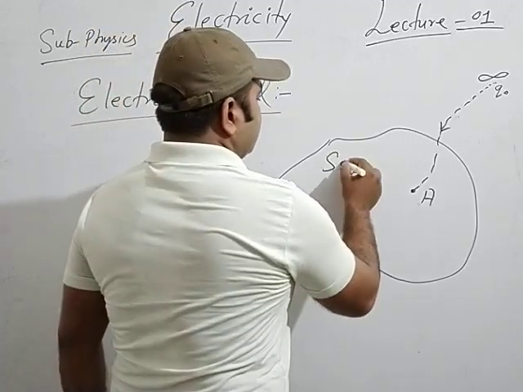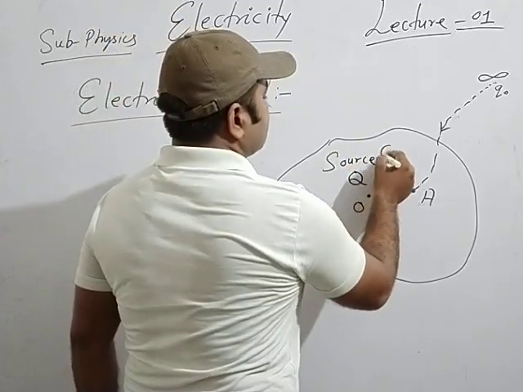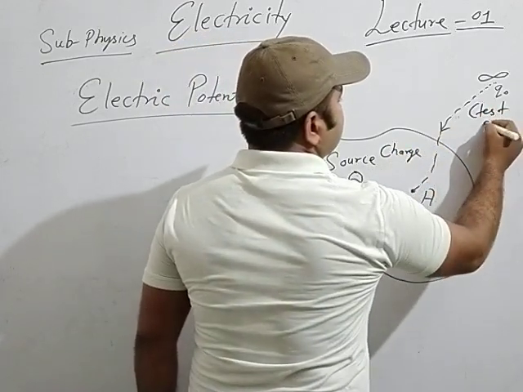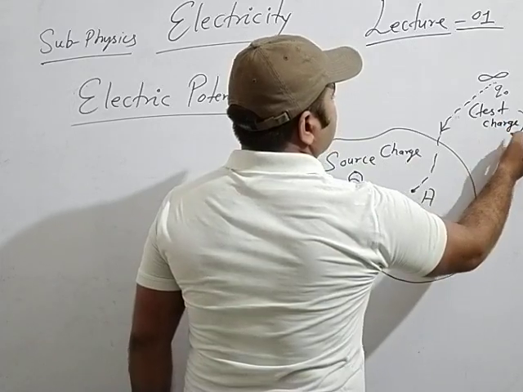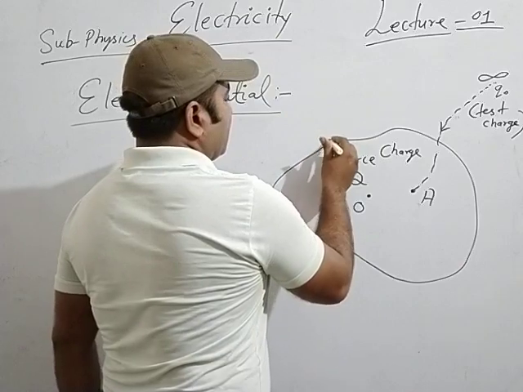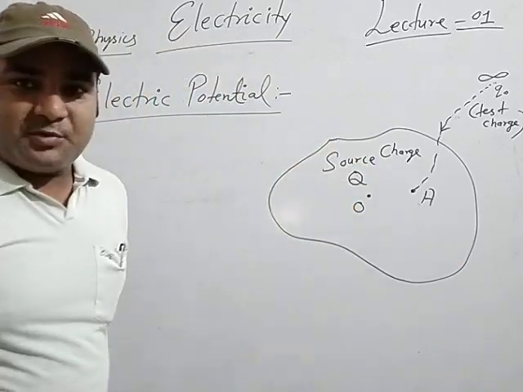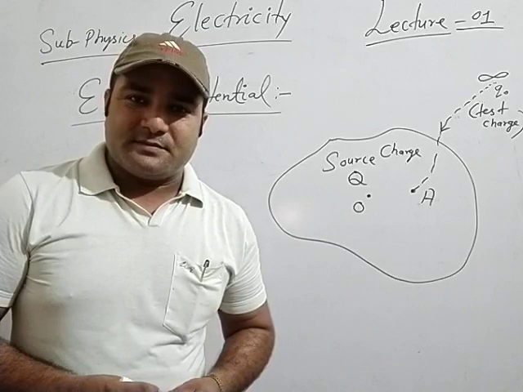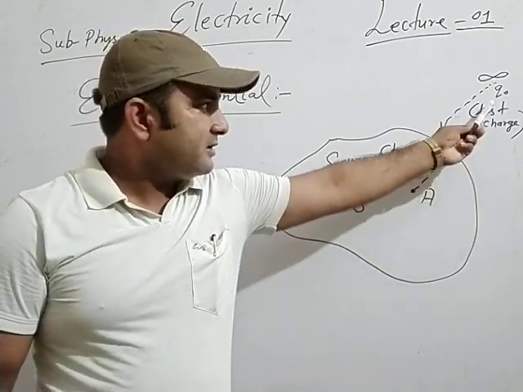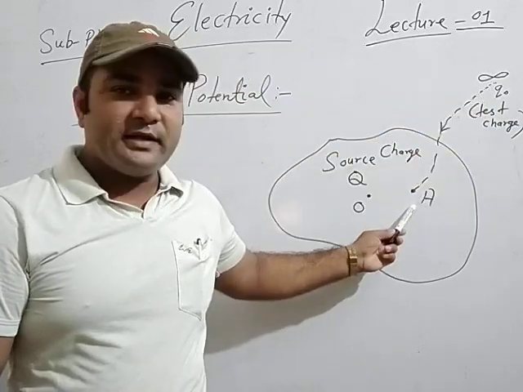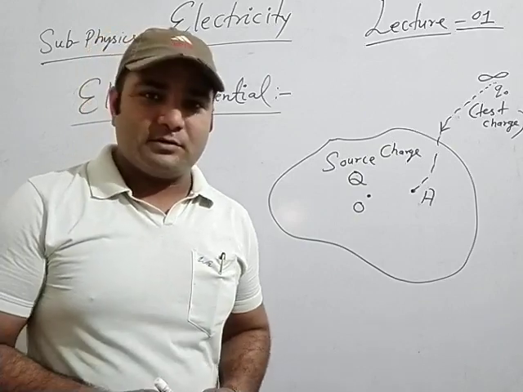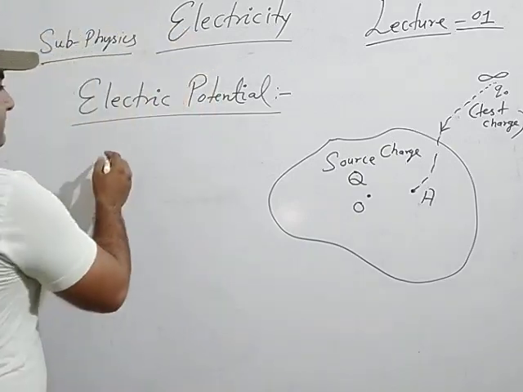This is the source charge, and this one is the test charge. The concept of electric potential, just try to understand, very easy concept. The work done in bringing the test charge from infinity to a particular point in an electric field, and the condition is what? Without acceleration.